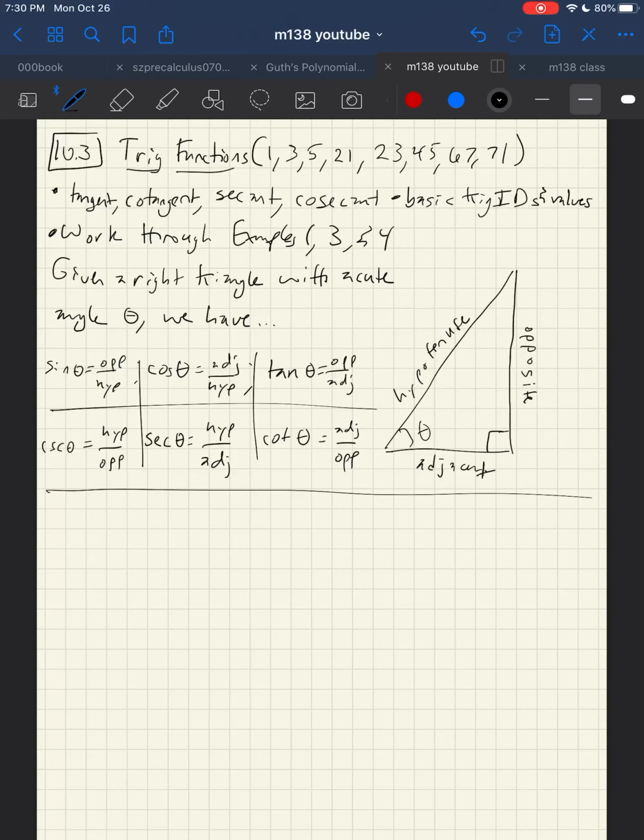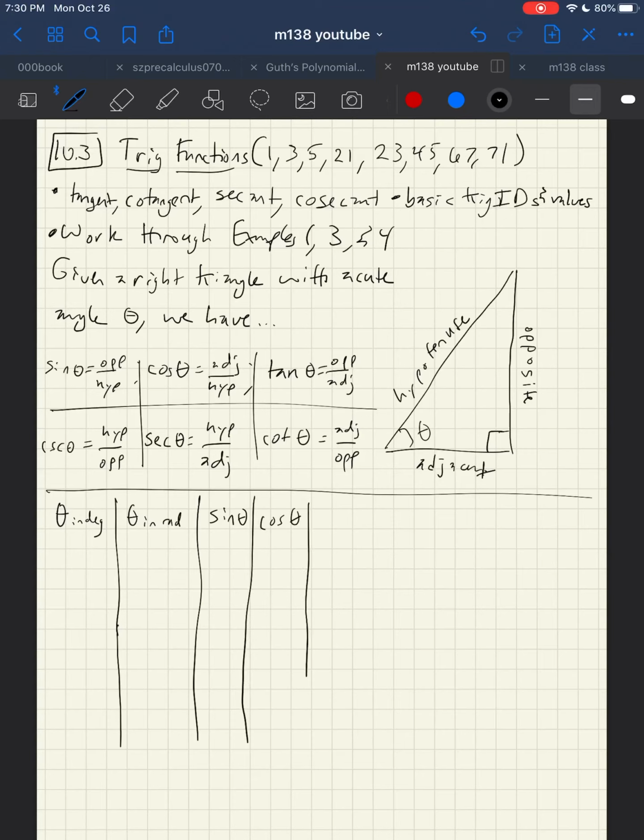I'll say that. All right, so we've got theta, and I'm going to give you in degrees, and then theta in radians. And then we're going to see sine theta. We're going to see cosine theta. And we're going to see tangent theta.